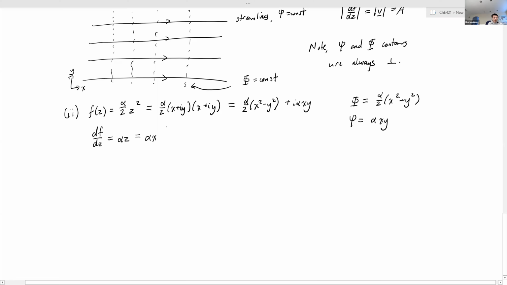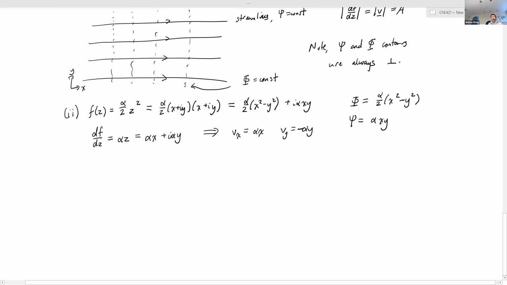And so that's alpha x plus i alpha y. I don't know why I said x here. And so what that means then is that Vx is equal to alpha times x, and Vy is equal to negative alpha times y.